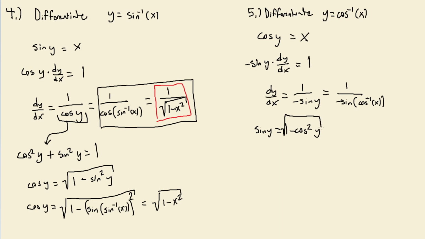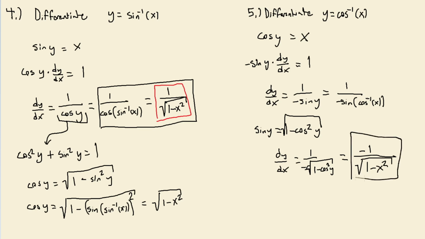And so if we have negative sine of y here, that's just to say that dy dx is equal to 1 over negative square root of 1 minus cosine squared of y, and then we plug in y here, which is equal to the inverse cosine of x, and so this winds up being equal to negative 1 over the square root of 1 minus x squared.